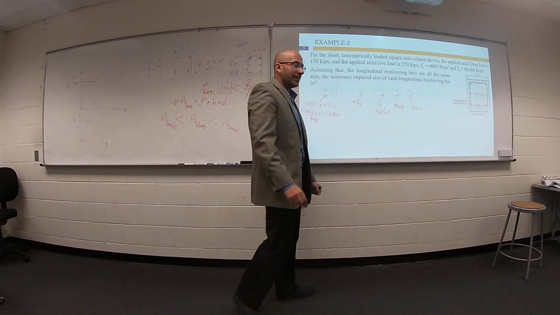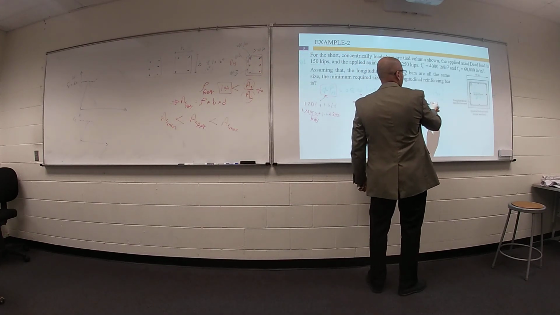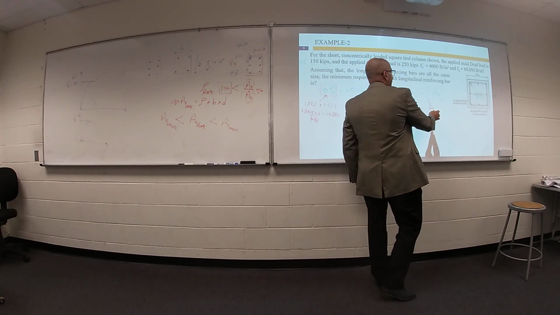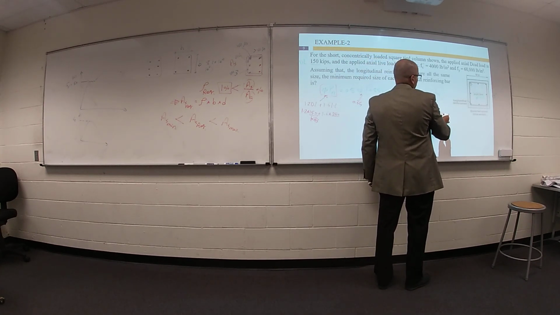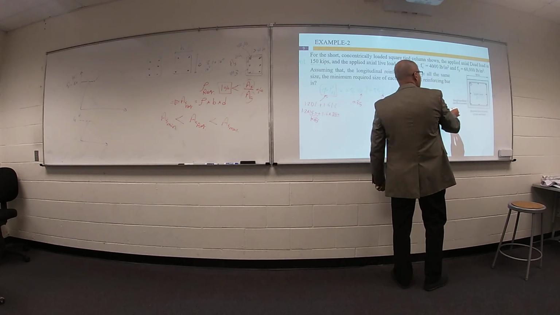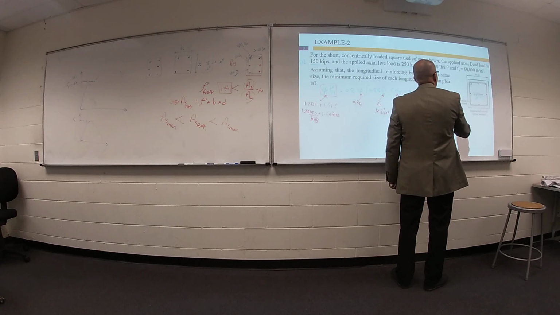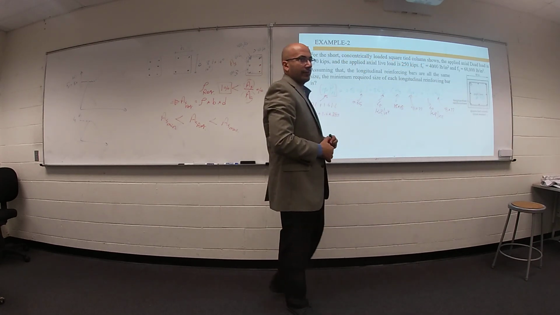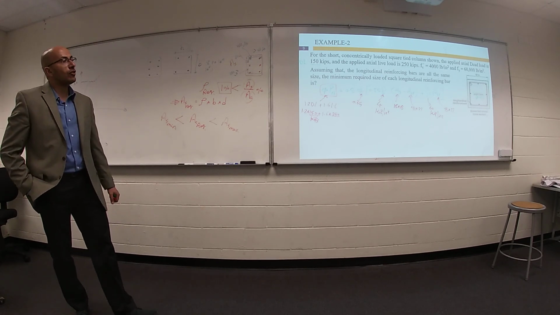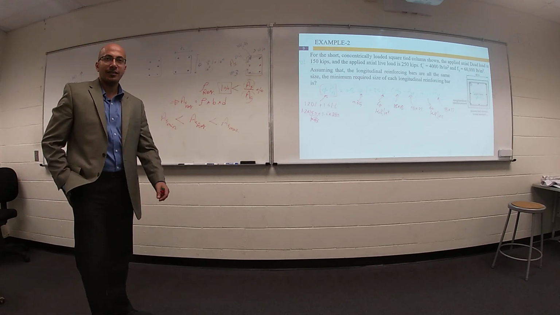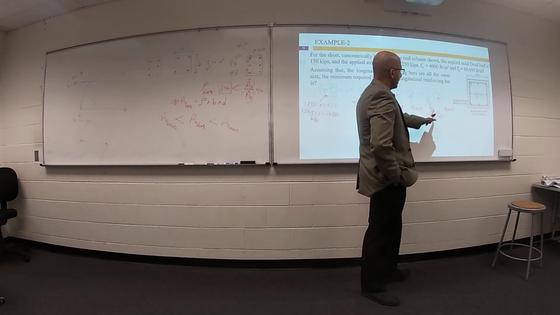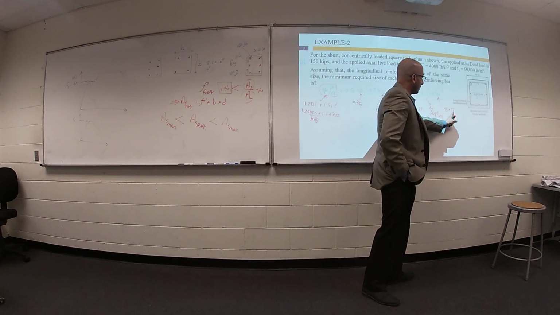F yield is 60 kips per square inch. Area steel equals 8 bars times something. Do you agree? How many unknowns do you have in this equation? One, something. Only one unknown.